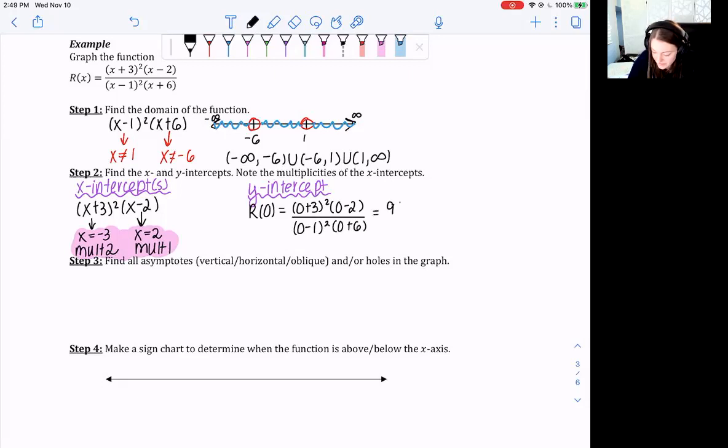So we get 9 times -2. -1 squared is going to be 1, and then 6. So -18 divided by 6, that's -3. We have a y-intercept at y equals -3.